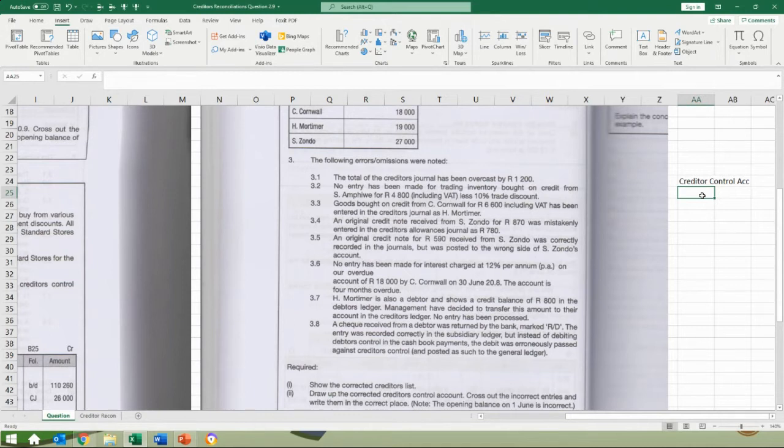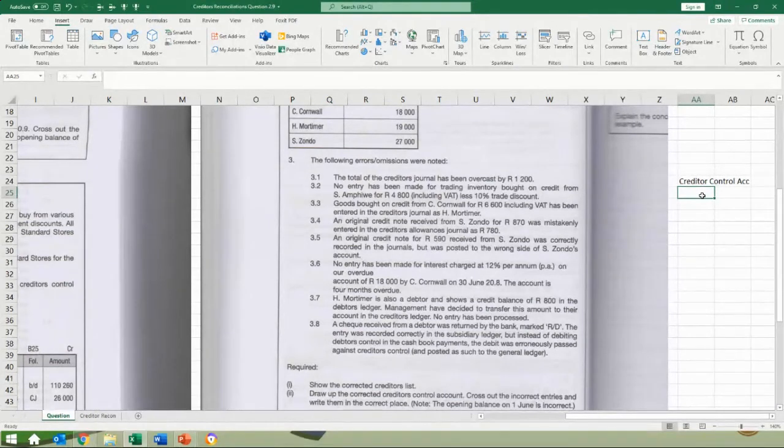Okay, so remember when we discussed this, this would be similar to your debtors that we've done on Tuesday. When we account for our creditors, that amount should always be inclusive of VAT, because we are essentially paying over the VAT to our supplier, and they will pay over that VAT portion to SARS.